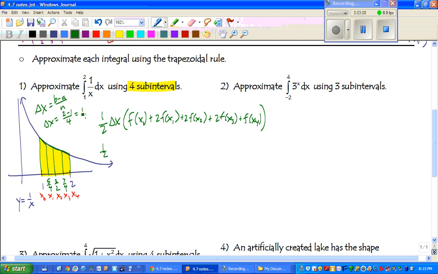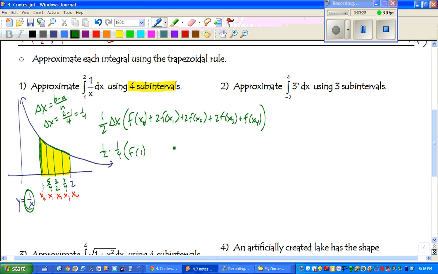Basically all we're doing is we're taking that delta x that we found times 1/2. F of x sub 0, that's the y value we get right here. So if we put 1 into this function here, 1 over 1 is just 1.